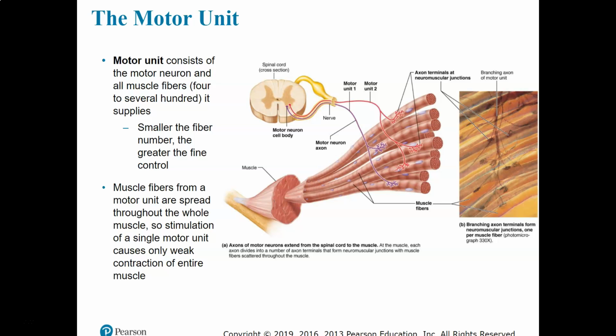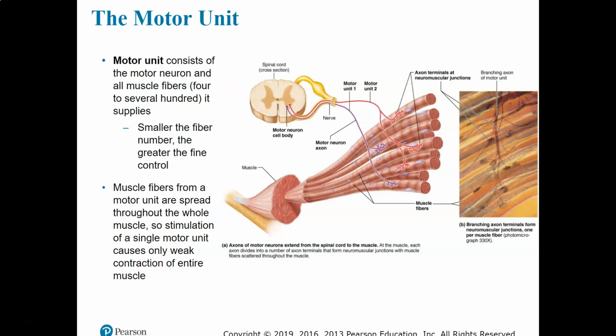So whenever a motor neuron activates, it always activates all of the muscle fibers in its motor unit. This is because the neuron is going to work through action potentials as well, and action potentials are going to have this all or none quality.